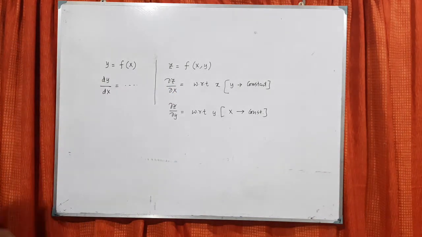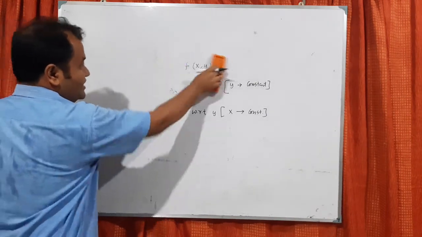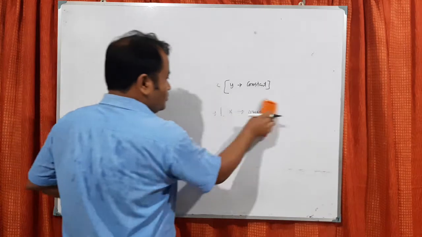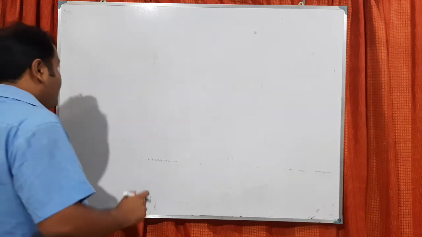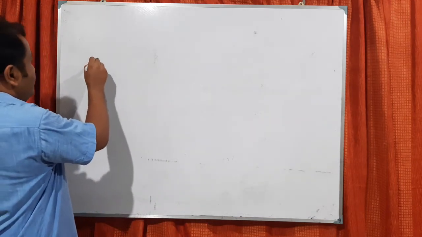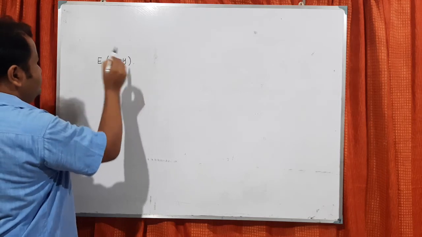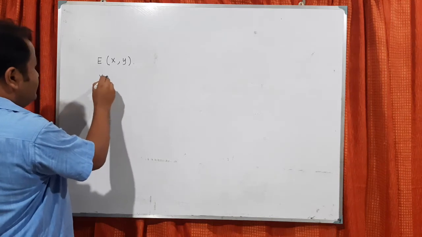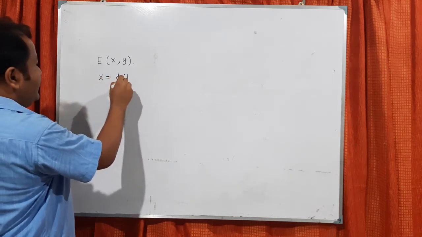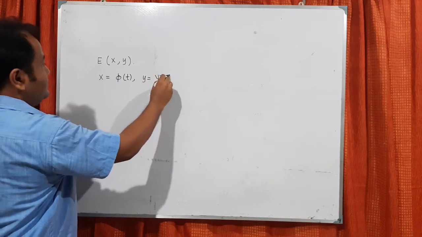Now what I want to say is the chain rule for multivariable calculus. Say E is a function of x and y, and x is a function of t, y is a function of t.